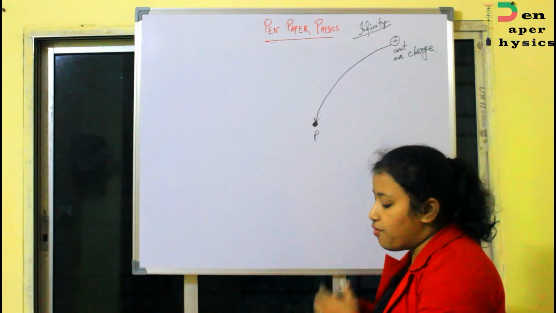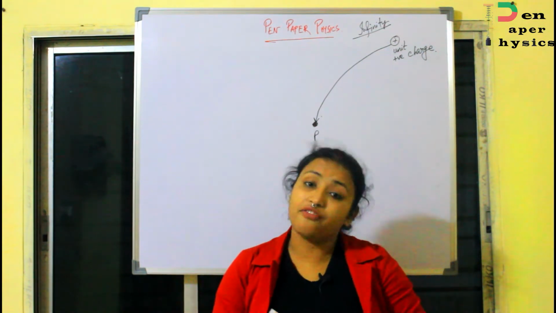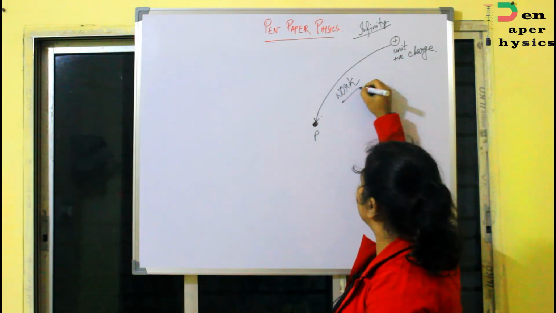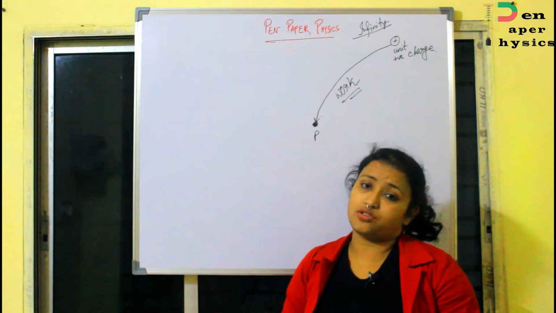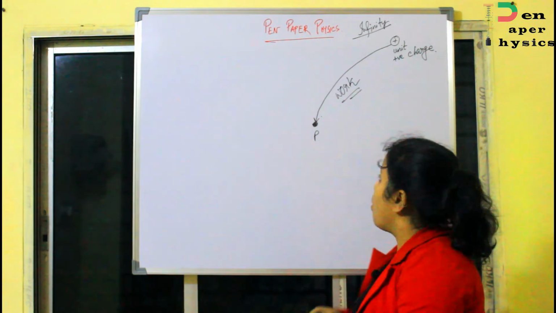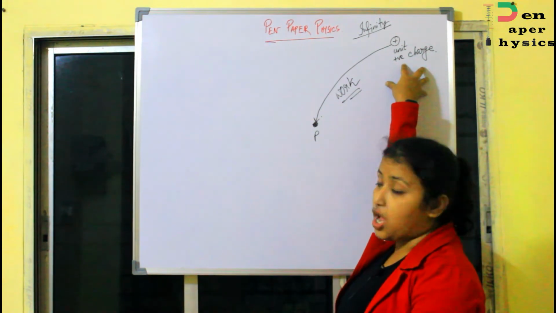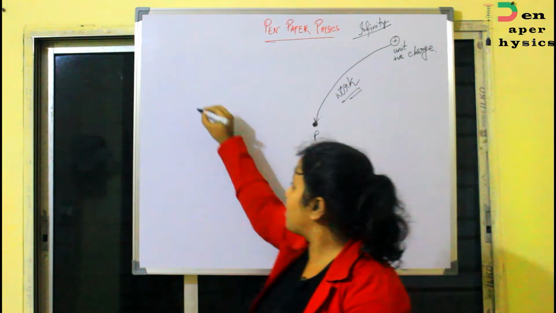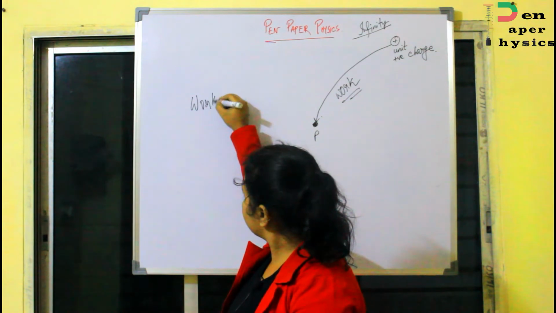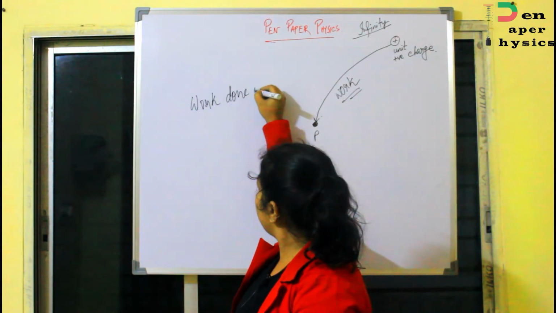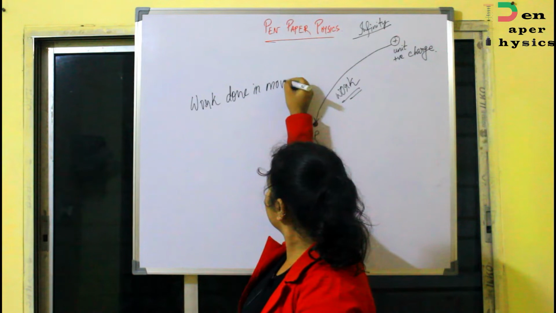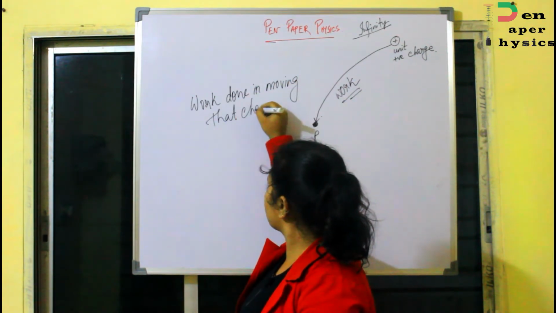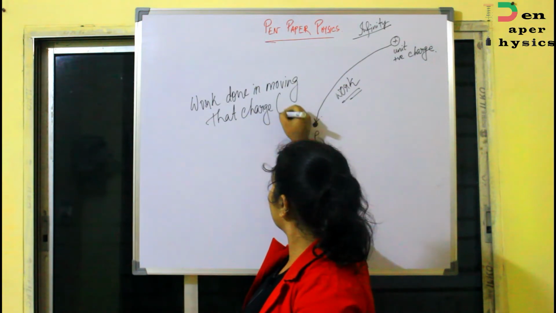I am bringing that unit positive charge from infinity to this point. Okay, now whenever we are moving a charge, we have to do some work. So I am bringing a unit positive charge from infinity to that point, and the work done in moving that charge, which charge?